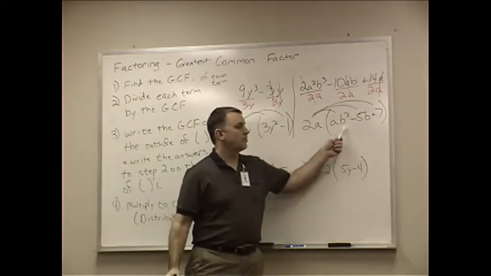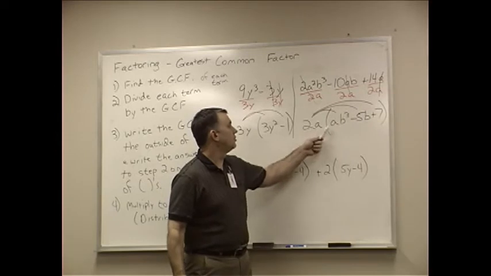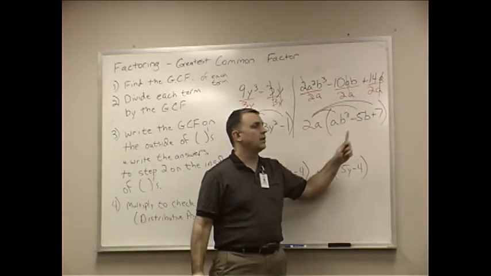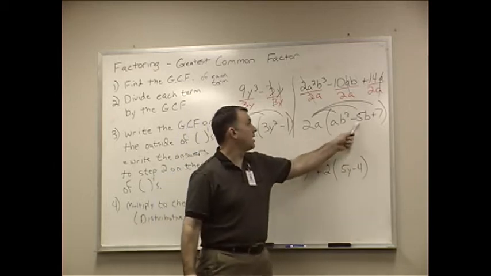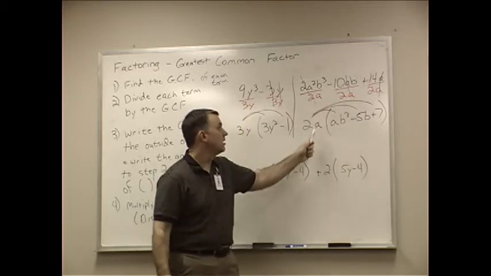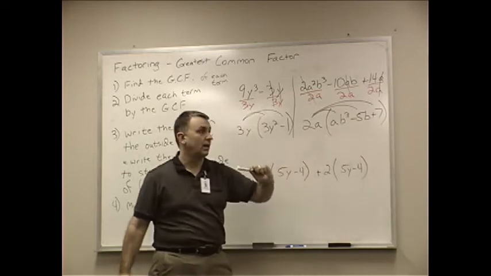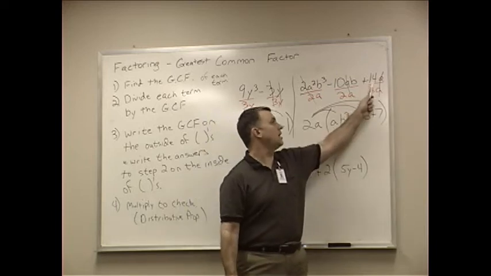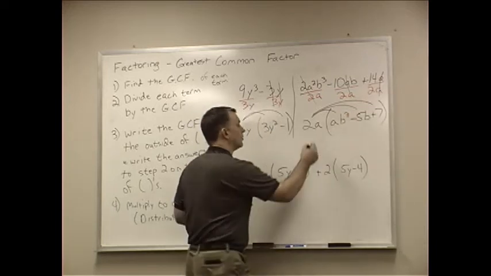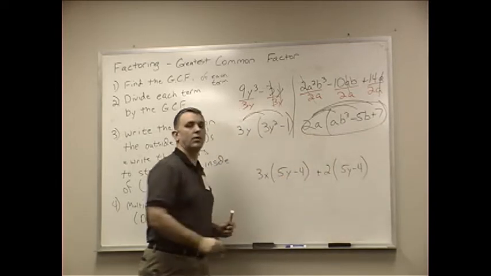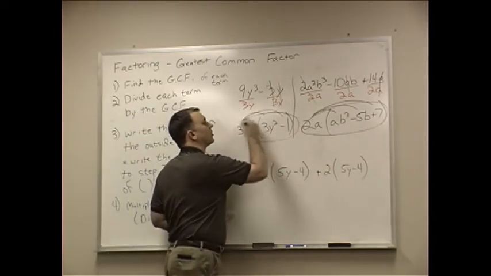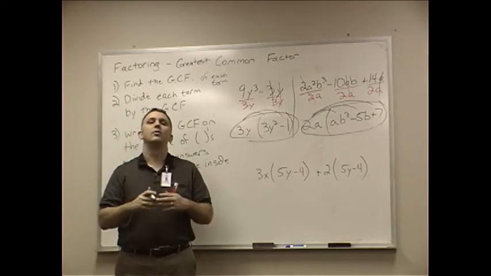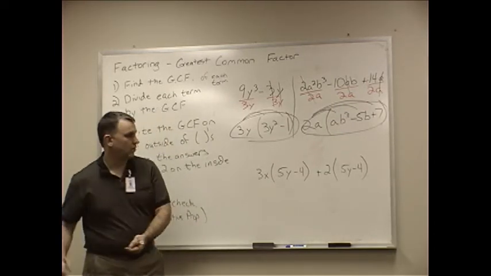So 2a times ab to the third would be 2a to the second, b to the third. 2a times negative 5b, well, 2 times negative 5 is negative 10, and there's your ab. And 2a times 7, well, 2 times 7 is 14, and there's your a. So this is the right answer for the second problem. And I didn't circle it, but there's the right answer for the first problem. Remember, we're undoing a distributive when we're factoring.